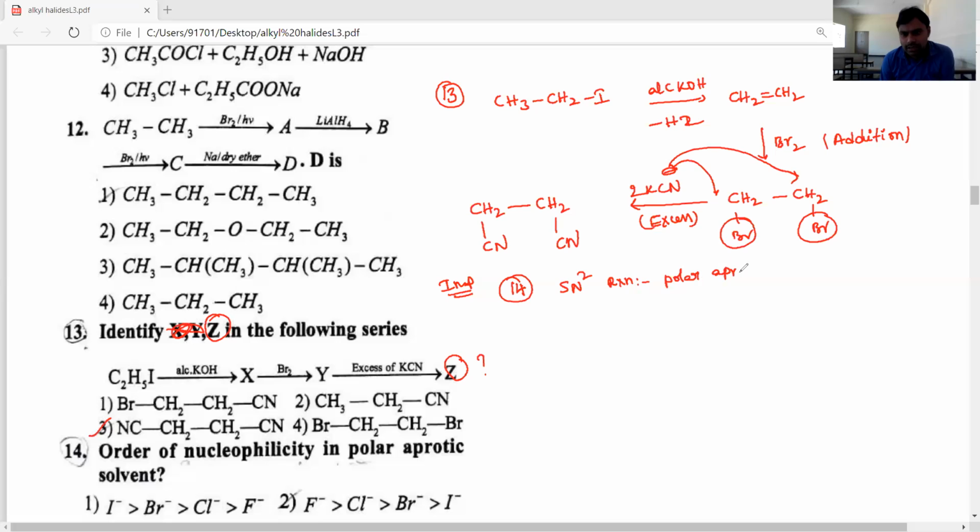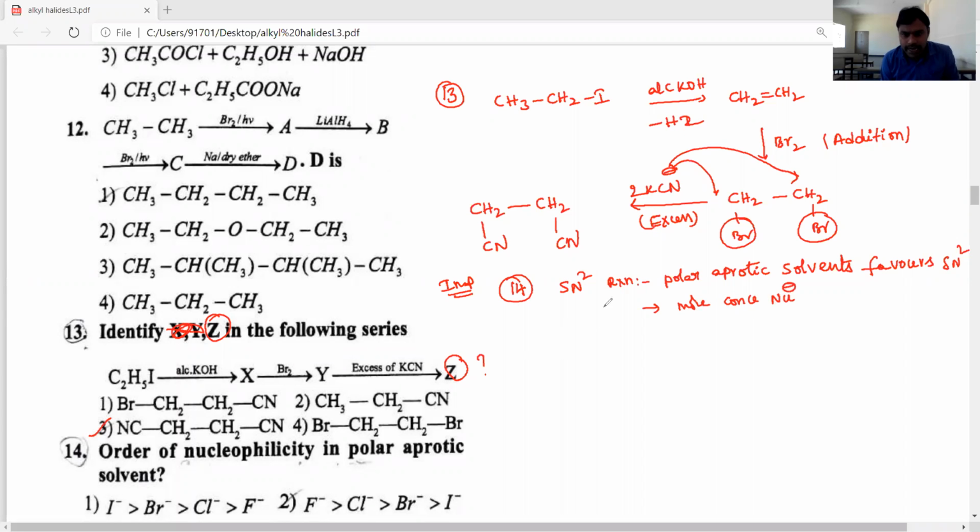favor SN2 reactions, and a high concentration of nucleophiles is required.